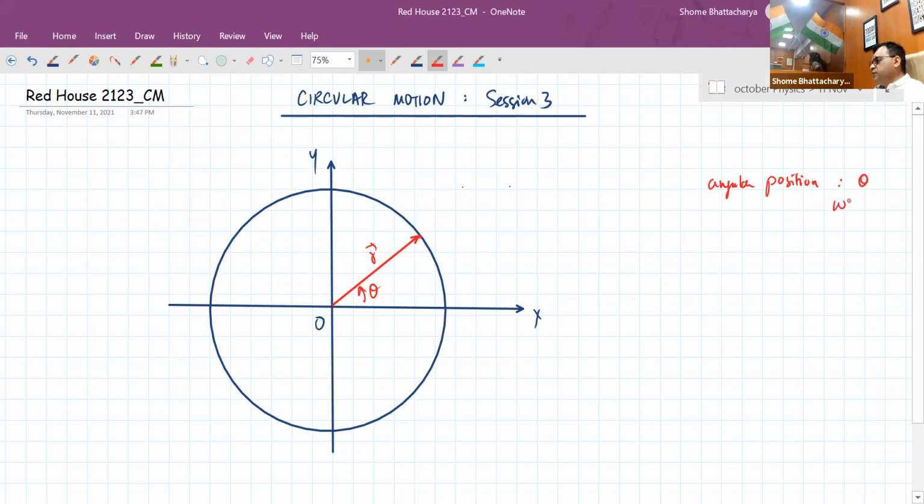Its angular velocity is d theta by dt. Its angular acceleration is d omega by dt, like this.